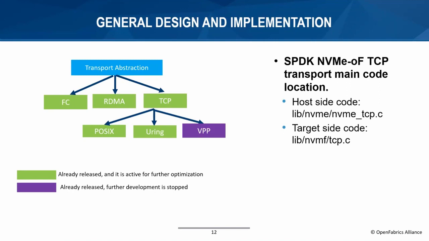So if, for example, you have 4 CPU cores and on each CPU core there is an SPDK thread, then when a connection comes in, we will use a round robin manner to choose the CPU core or SPDK thread to run it. So the load balance is very good. And also currently, that's done at connection time.